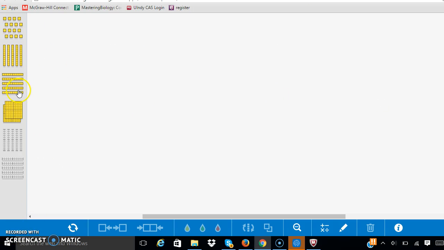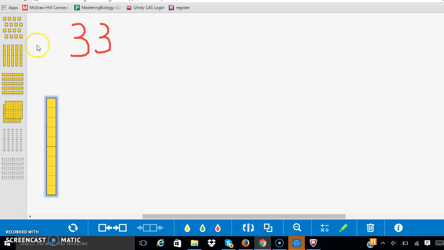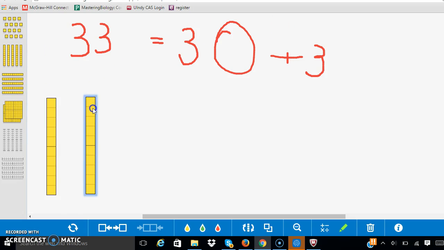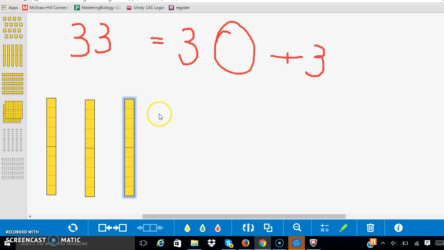Alright, going on to even bigger numbers, we're going to represent the number 33. If we broke it down, it would be 30 plus 3. And we have to remember how we represent 30: it would be 3 base 10 blocks, because that's saying 10 plus 10 plus 10 equals 30.